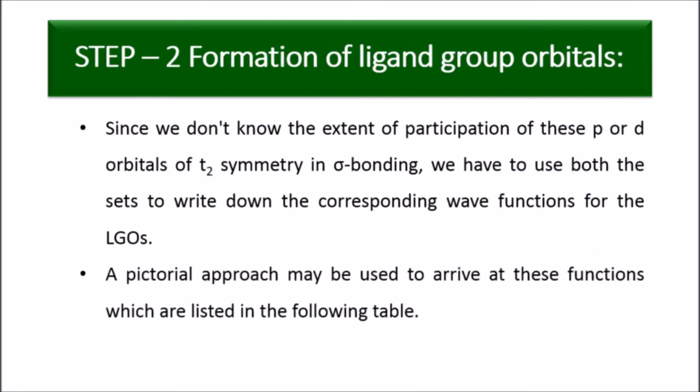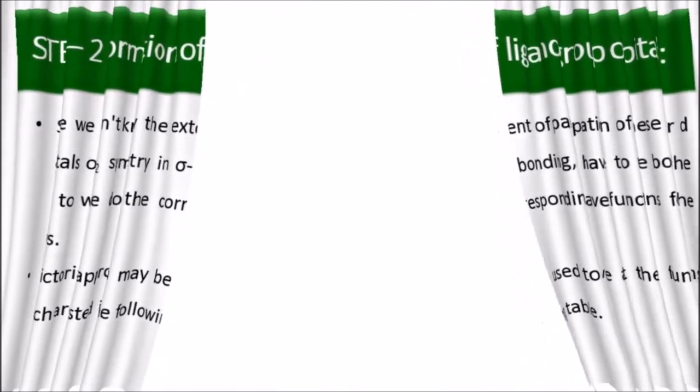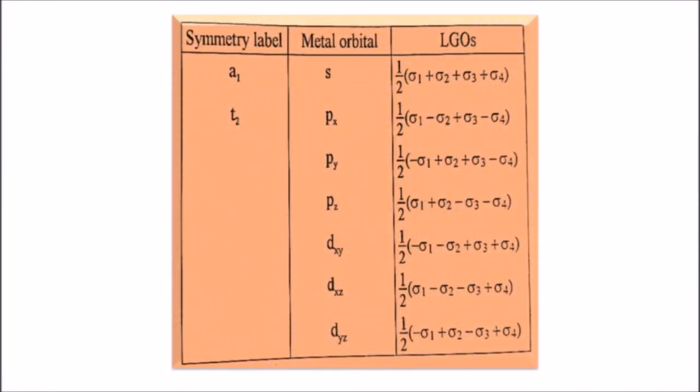A pictorial approach may be used to arrive at these functions, which are listed in this tabular form, where you can understand which kind of interaction it would be. If you keep this table in mind, it will be easy for you to draw the pictorial diagram as well. Here you can see the symmetry labels A1 and T2. A1 is for the 4s orbital, and 1 by 2 sigma 1 plus sigma 2 plus sigma 3 plus sigma 4.